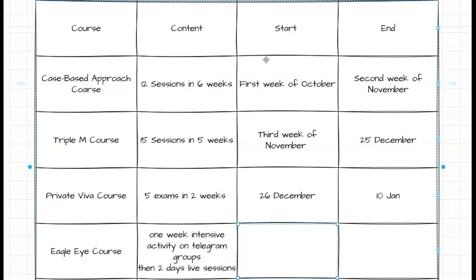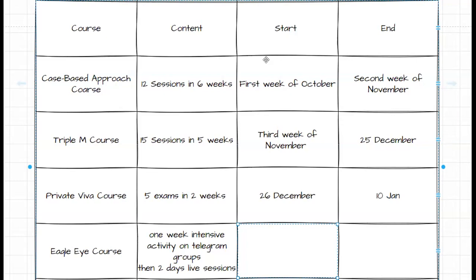We will start with the case-based approach course. Then after we finish this one, we start the Triple M course, and then we have a private Viva course. Every one of these courses focuses on one of the major problems that we face in preparing for the exam. I will start with the case-based approach course.